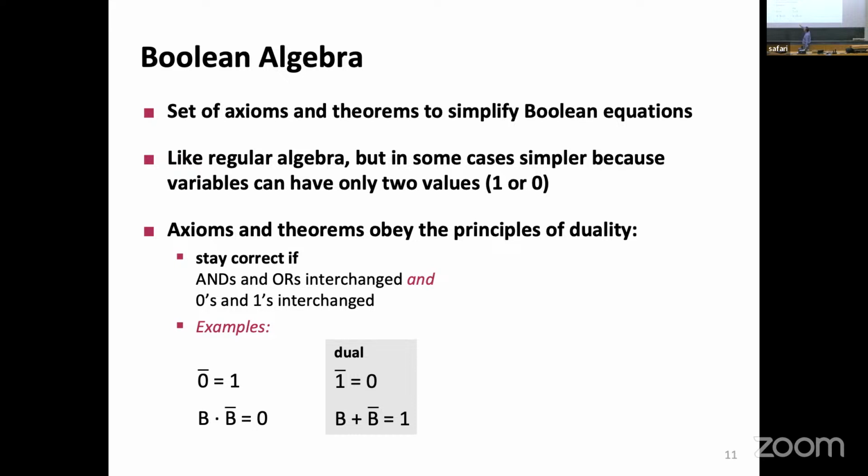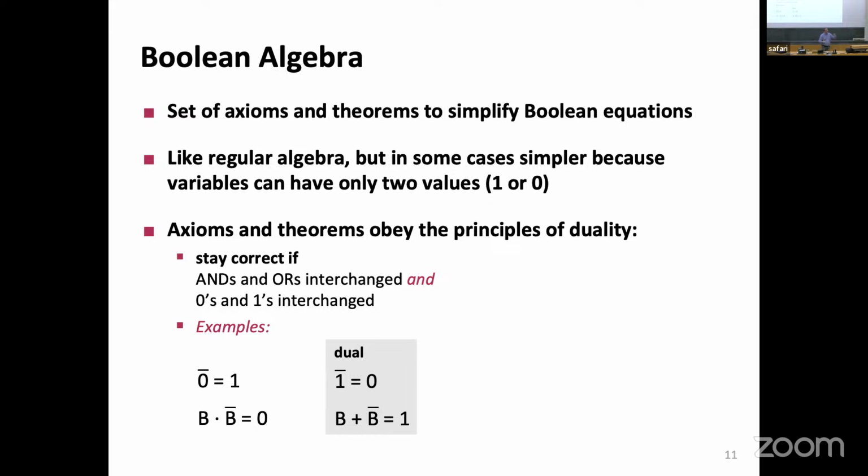I replace the AND with an OR, and I replace the zeros with a 1. So B and not B is 0, and B or not B will be 1. Yeah, exactly. Magic.